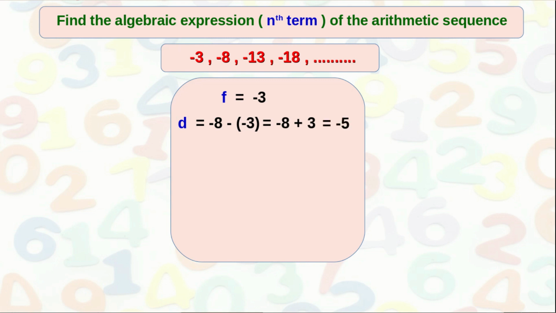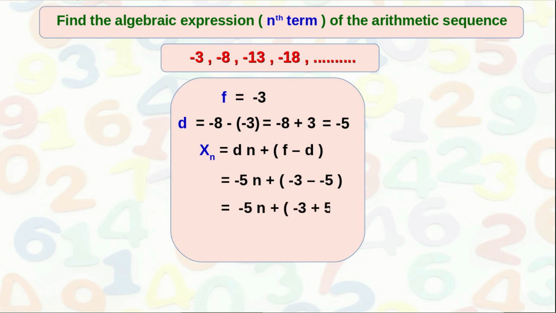So minus 5 is the common difference here. We have xn equal to dn plus f minus d. Substituting for d and f, we have minus 5n plus minus 3 minus minus 5. That is equal to minus 5n plus minus 3 plus 5. Simplifying, minus 5n plus 2.